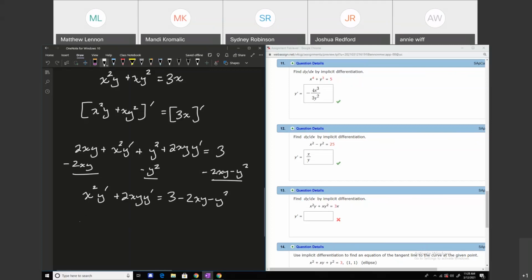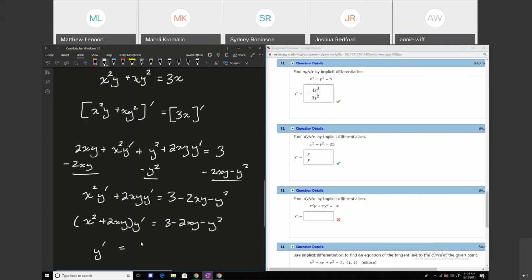Now we can factor on the left. So we can factor out the y prime, and we'll get x squared plus 2xy times y prime, and this will be 3 minus 2xy minus y squared. And then we just divide, and we get y prime on its own.